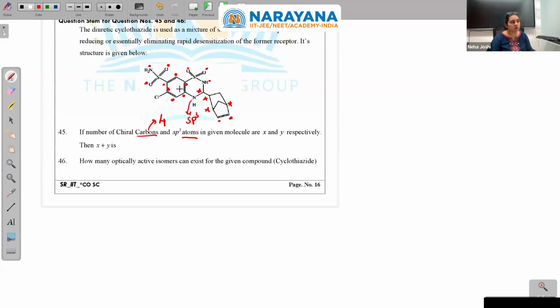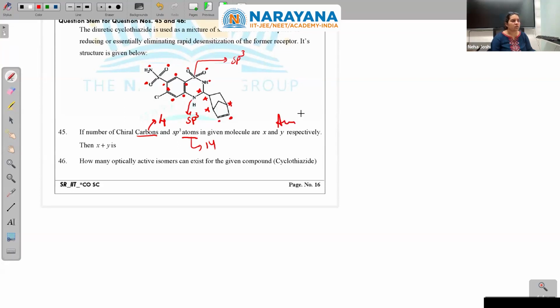Any more sp2 I am seeing? No. This I think is sp3 like H2SO4. Sulfur here is sp3, so sulfur should not be the answer. So I think I have got 14. Let me recount: 1, 2, 3, 4, 5, 6, 7, 8, 9, 10, 11, 12, 13, 14.